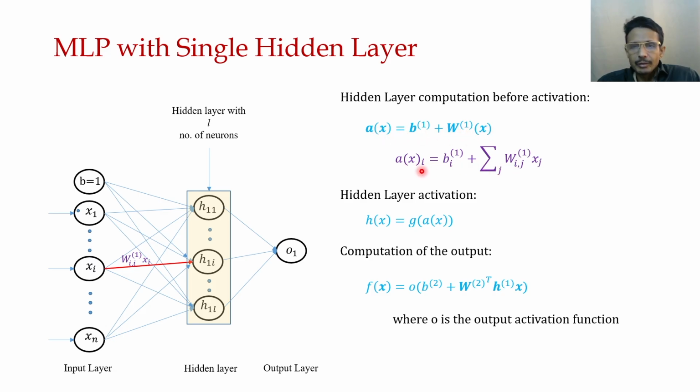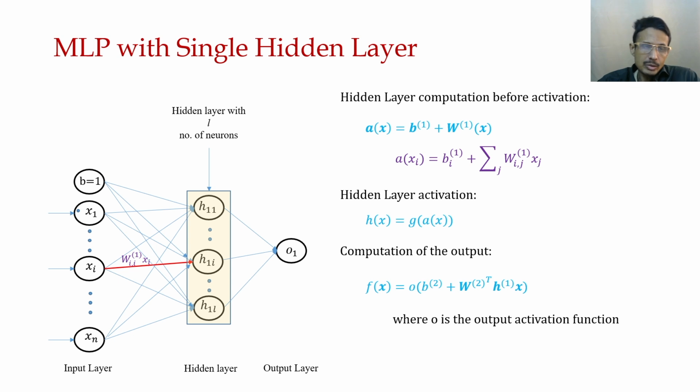In the algebraic formulation, we can say a(x)_i equals b_i1 plus the summation over j of w_ij1 times x_j. This is the formulation of the inputs to the corresponding hidden layer.